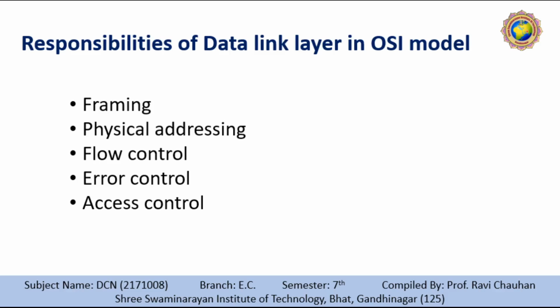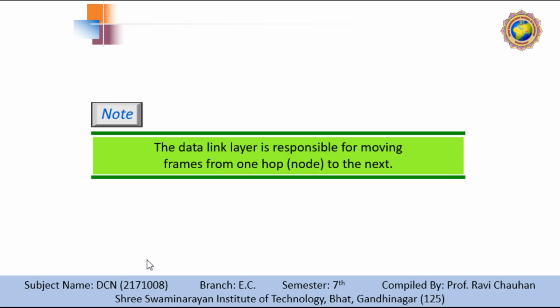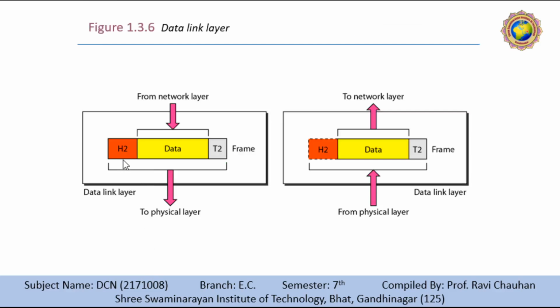As you can see in this figure, the header contains the source address and the destination address. If the destination address is not in the predefined network, there is a particular address to direct the data so that our frame can reach its receiver. So it is a header, and it is a trailer.